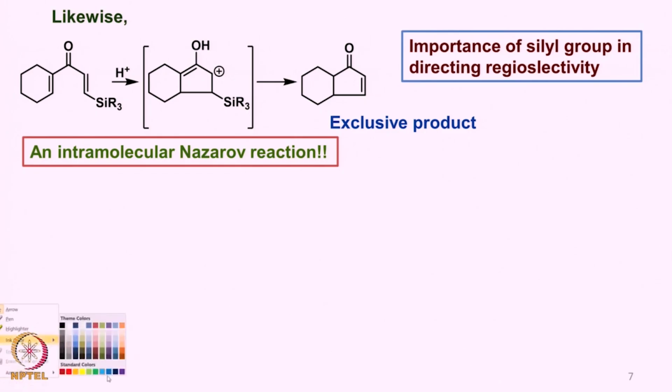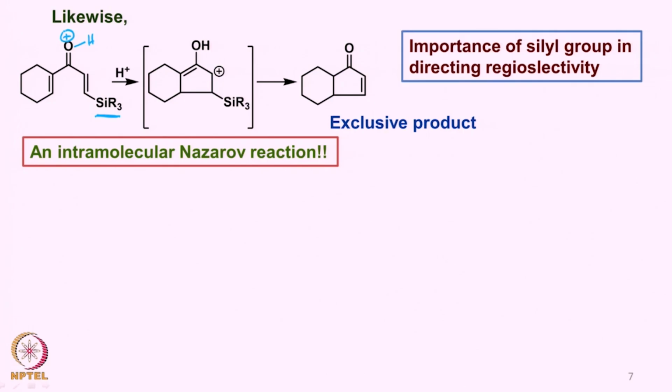In a similar fashion, if we take a molecule like this, we see that what we have is an inbuilt vinyl silane in the dienone. So as one can expect, when the proton reacts with it, the protonation occurs here, and then you get a positive charge on the oxygen.